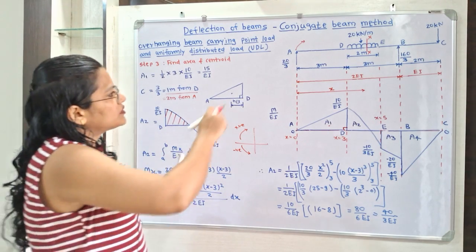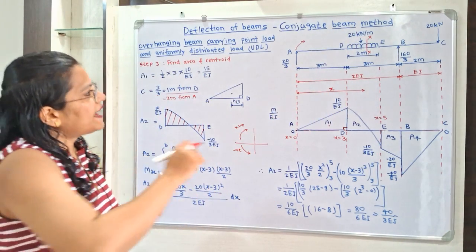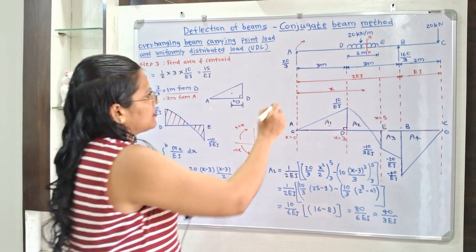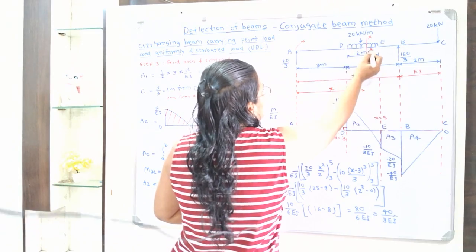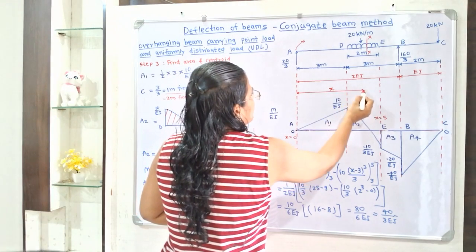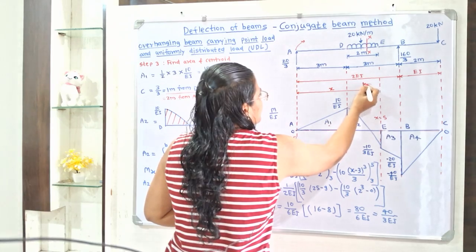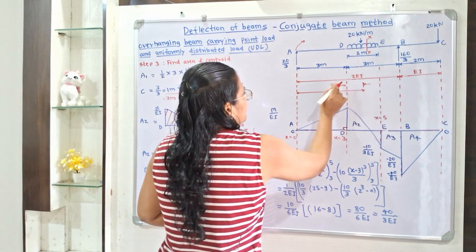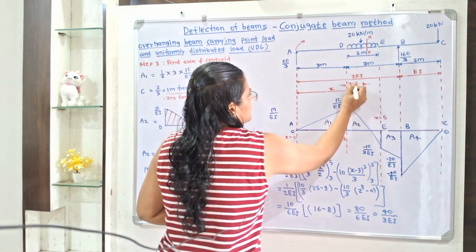Now what about this uniformly distributed load? We have to measure the distance of this uniformly distributed load from D to XX. So what is this distance? The total distance is x, and the remaining distance we have to measure is x minus 3. So I have to take x minus 3.